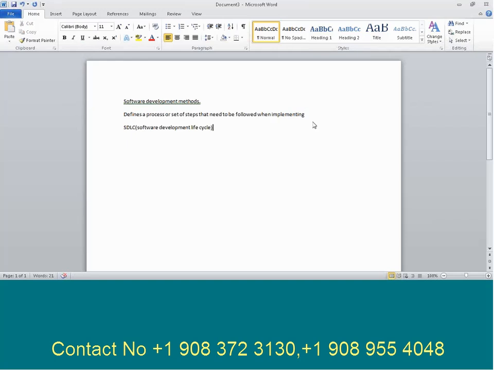Then we also have the waterfall model, or methodology. Then the RUP model, which is also called IBM RUP. RUP stands for Rational Unified Process.